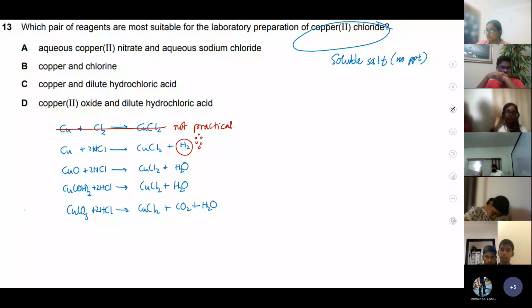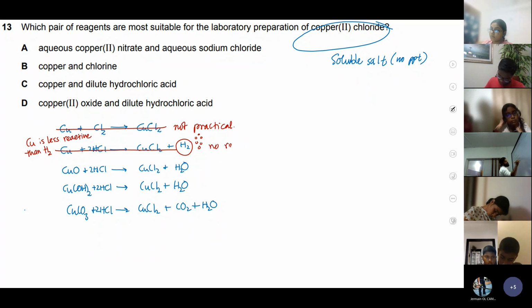But unfortunately, this reaction cannot happen. Why? Copper is less reactive than hydrogen. So this reaction doesn't happen.